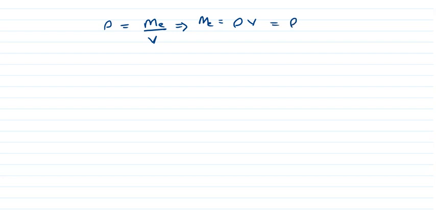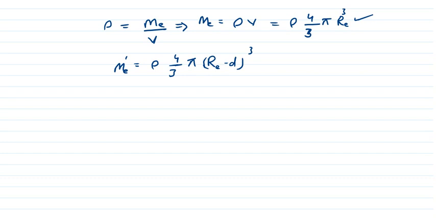And the volume of a spherical shape is 4 by 3 pi Re cube. This is for the total mass Me. And for Me prime, this will be rho times 4 by 3 pi times Re minus d whole cube. So equation number 4 will become like this.